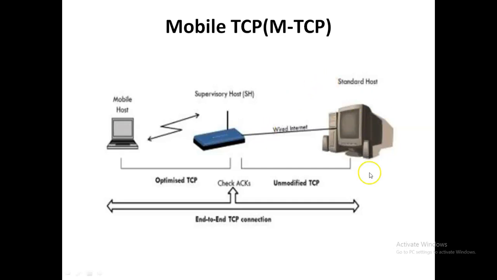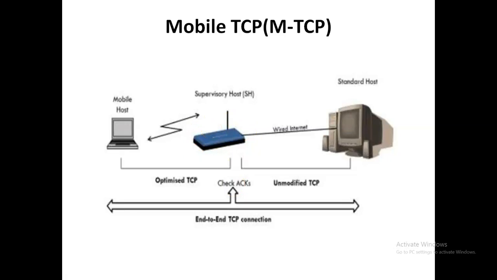So the sender and receiver can communicate directly. The sender is going to send some data to the mobile host by using an end-to-end TCP connection, and once the mobile host receives the information, it will send the acknowledgement back to the sending host. Suppose an acknowledgement is not received from the mobile host; the supervisor host will be monitoring all those transactions.